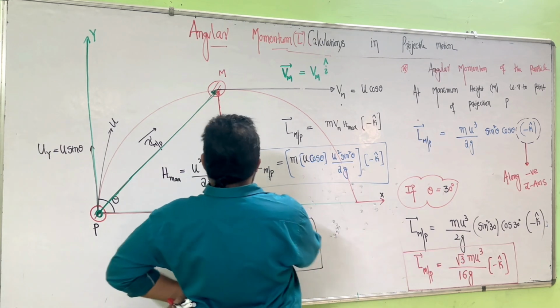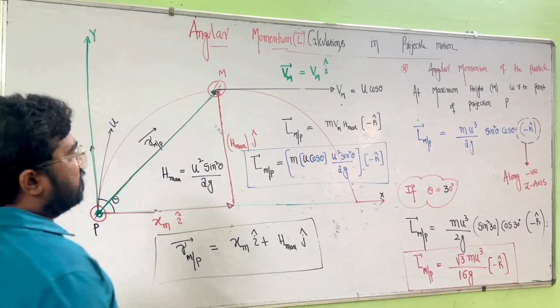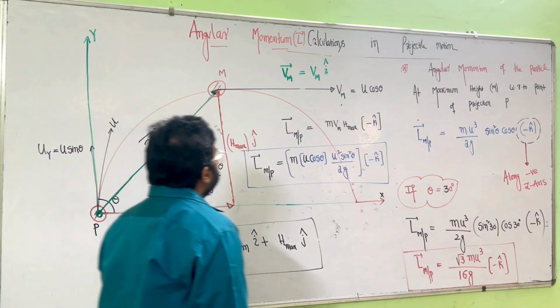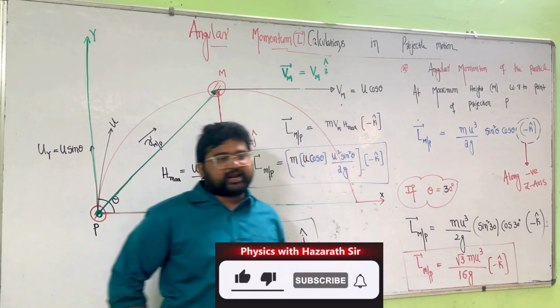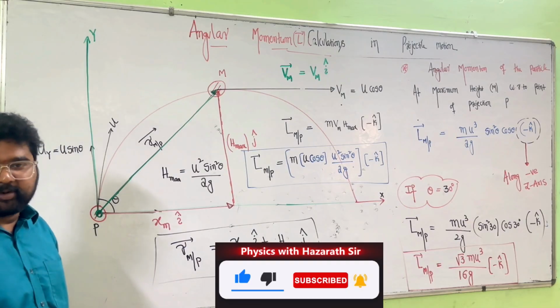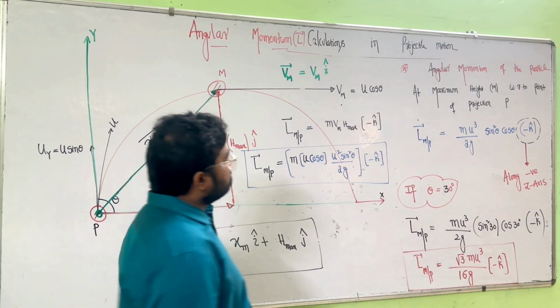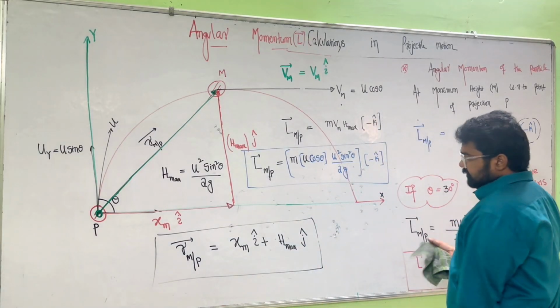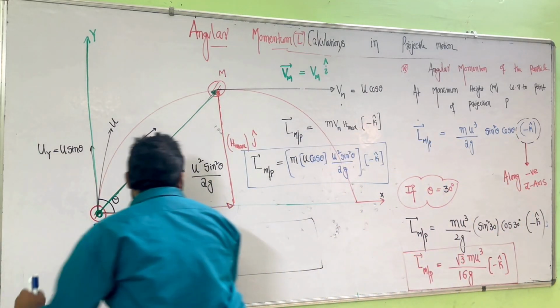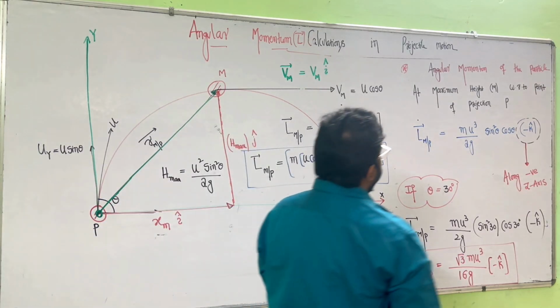U cos theta. Here. So how to get the direction by using right hand thumb rule? So this is along negative z axis or positive z axis? Negative. This part completed. Now here to here, how to get the direction by using right hand thumb rule?